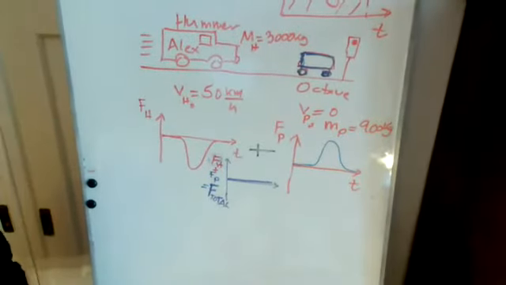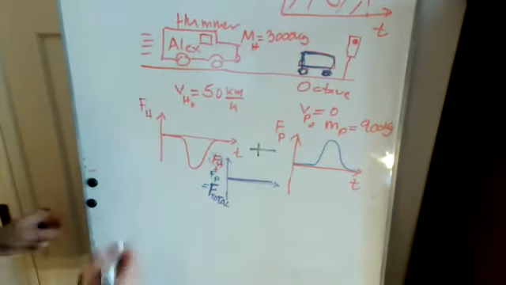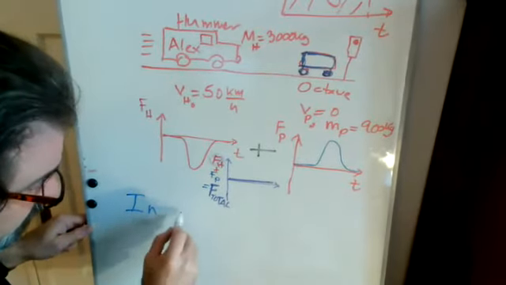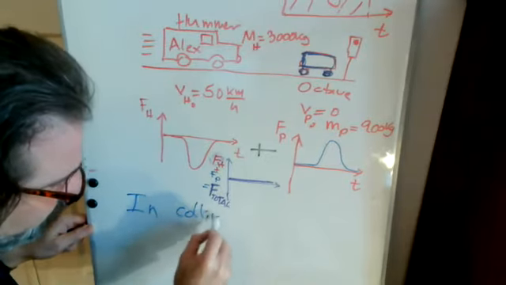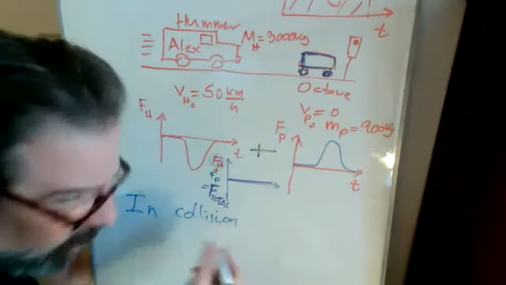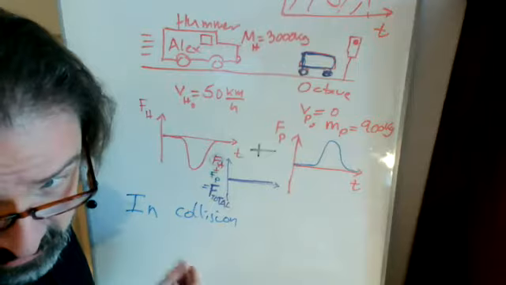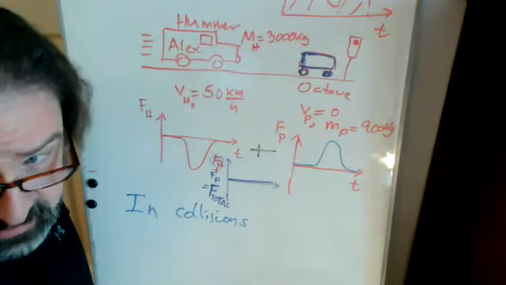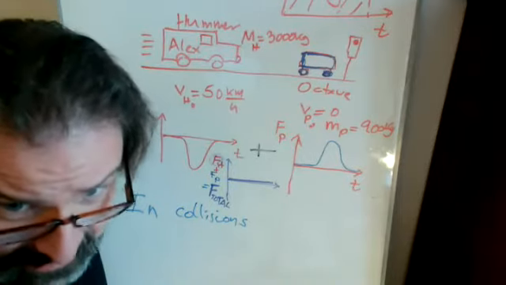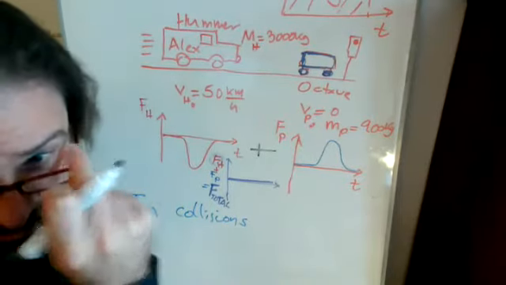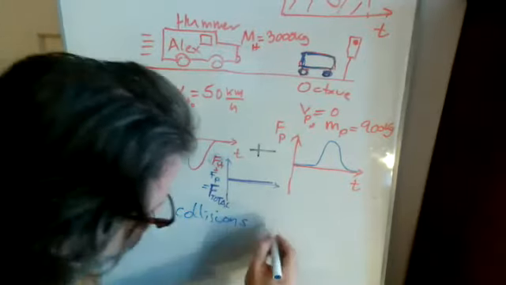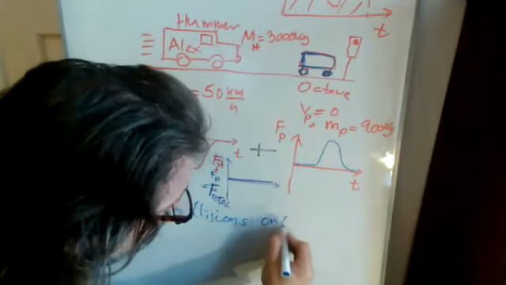Okay, so what do we find? We find that in this collision, and really for all practical purposes, in all collisions, at least for AP Physics 1, because anytime there's a collision, you have to think, momentum conservation, and we'll explain why.